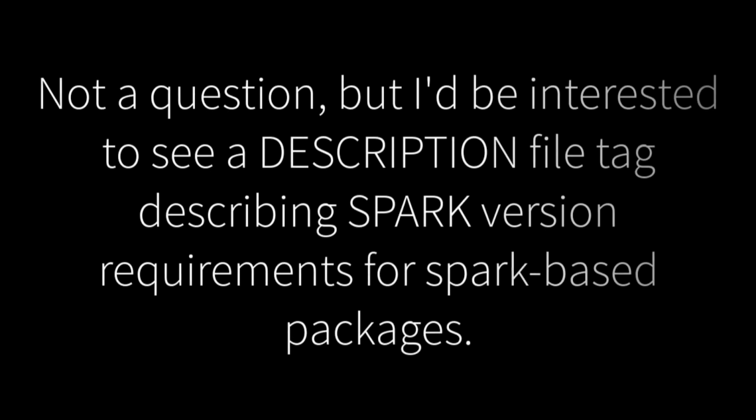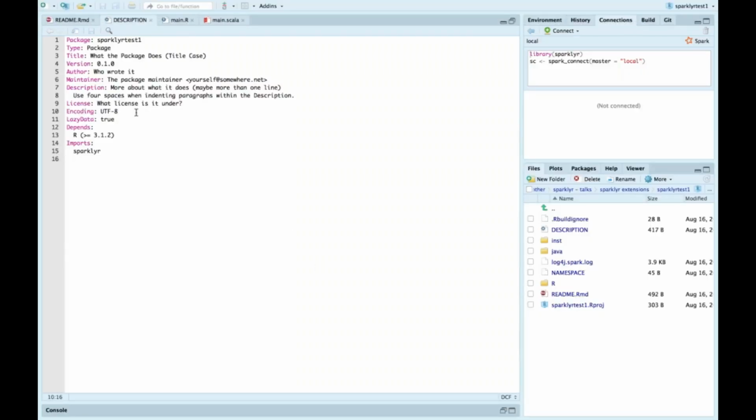And last question. Oh, not a question, but I'd be interested to see a description file tag describing Spark version requirements for Spark-based package. Yes, that makes a lot of sense. So the way that we solve it on Sparklyr is by including the system requirements tag, and then we say something like Spark 1.6, Spark 2.0, or 2.x, whatever.